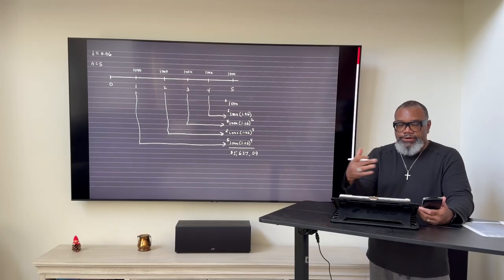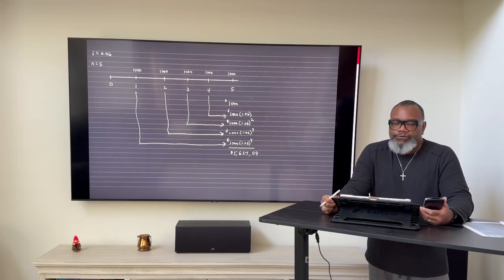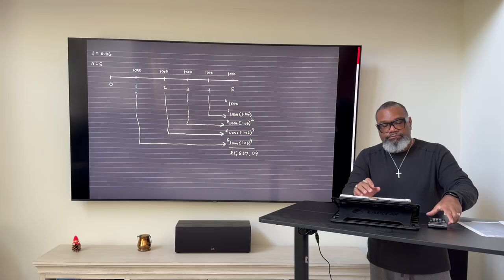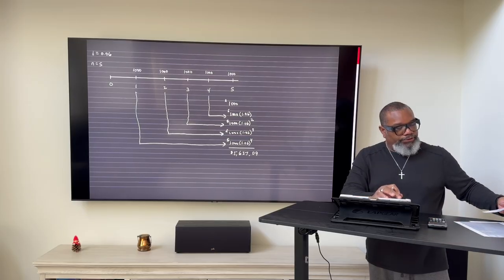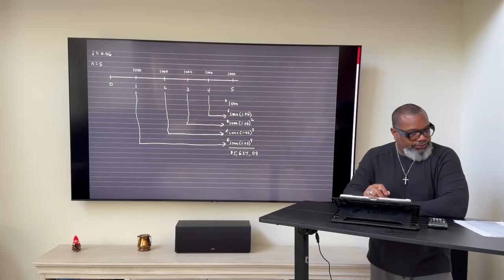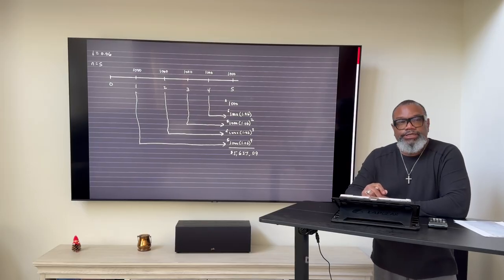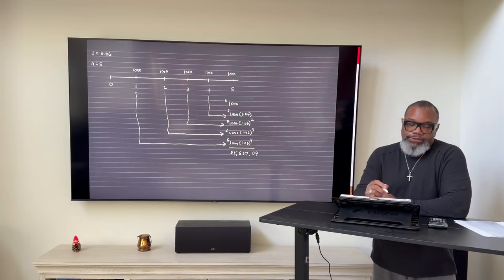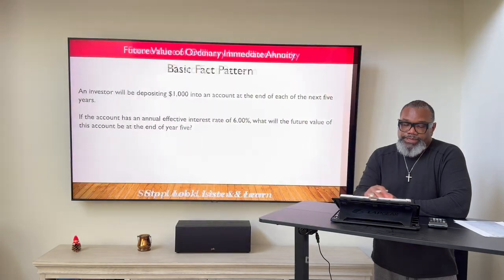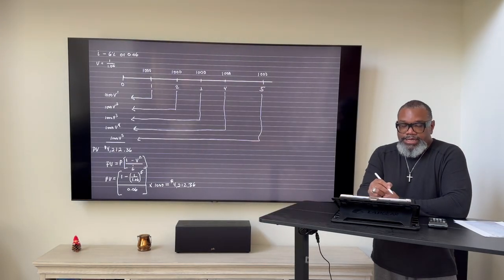Now, there are a few different ways you can compute this. So if we go back and look at the present value of this annuity, we determined that was $4,212.36. Well, that gave us the value at time zero.